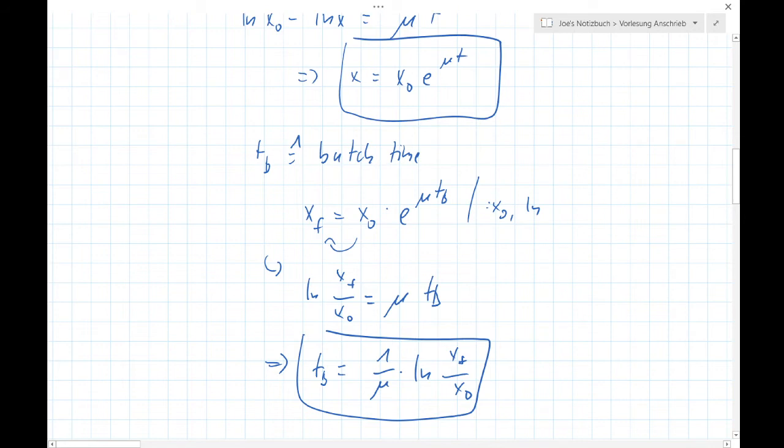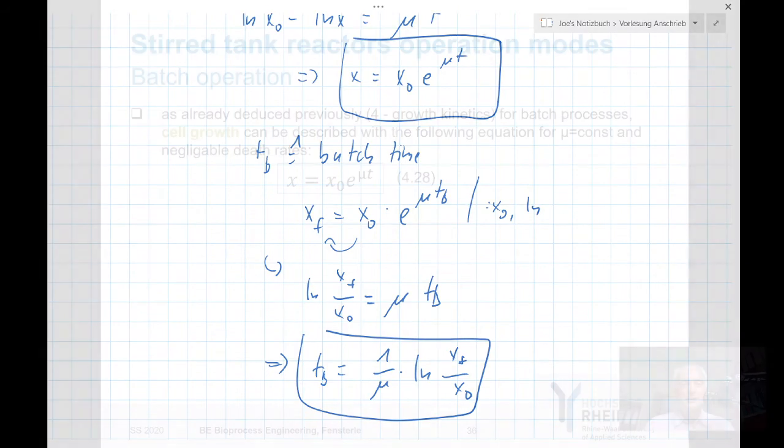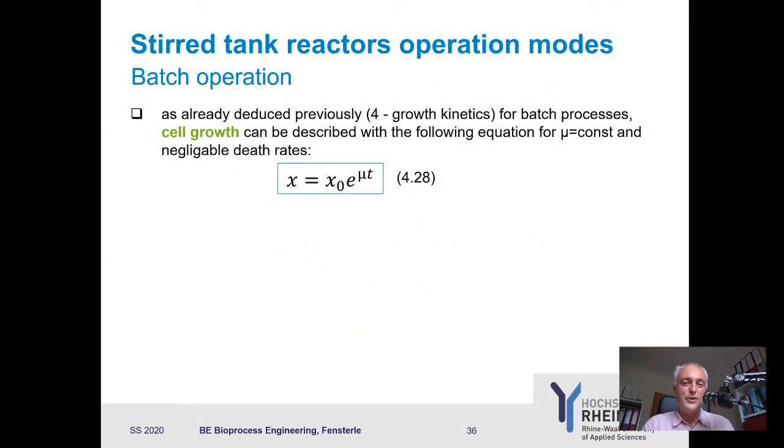Of course, sometimes you have the lag time and so on. This is not considered here. So again, as we have already deduced in the section on growth kinetics, we came up with the equation X is equal to X0 e^(mu t), describing the growth of the biomass in batch culture, having two assumptions.